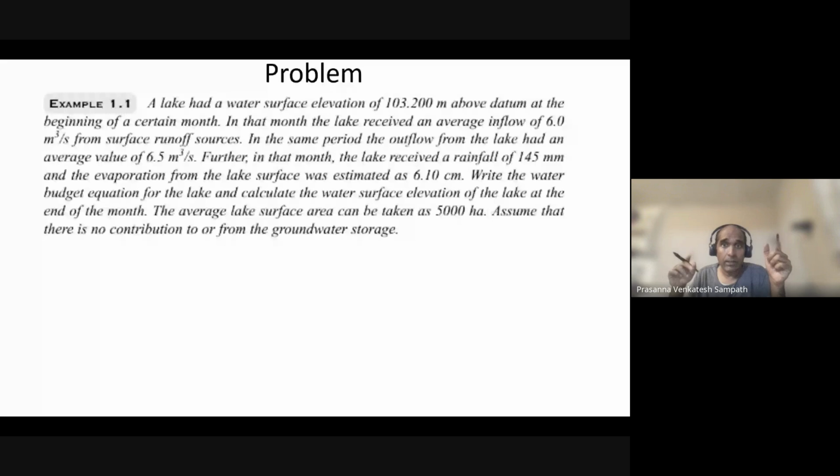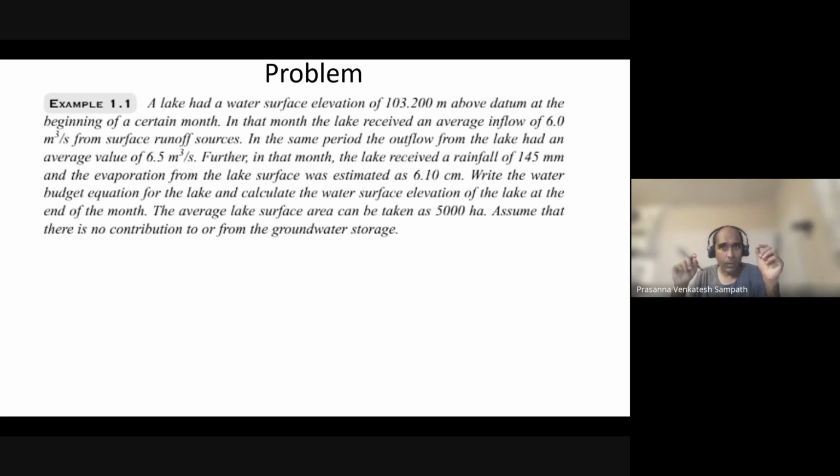In the same period, the outflow from the lake had an average value of 6.5 meter cube per second. So which means all the expenses from your bank account, some number is being assigned to it. So you have the water level at a certain elevation, some inflow is coming in and some outflow is happening at the same time.